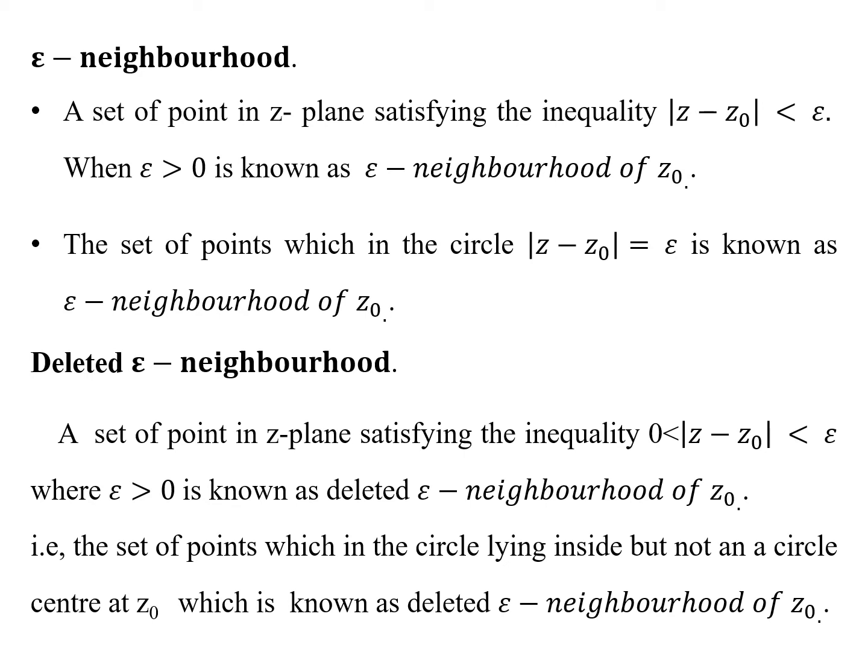The epsilon neighborhood means from that origin we choose the neighboring points. Here deleted epsilon neighborhood means you should not take the center point. The floppy disk is the best example.